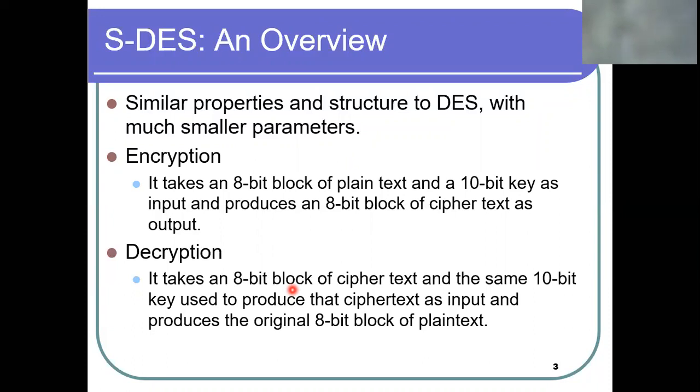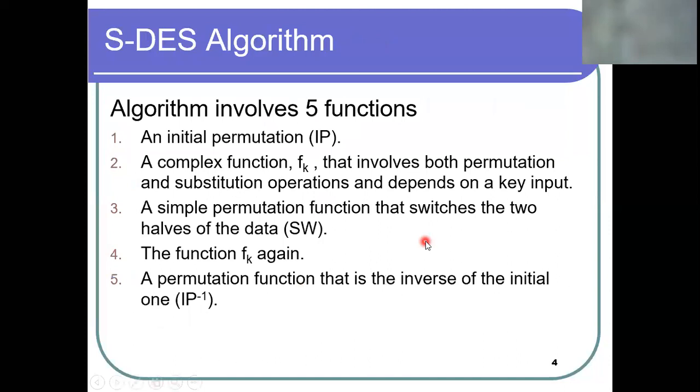Let me go to the fourth slide of my presentation, which is the SDES substitution box. Fundamentally, SDES, simplified data encryption standard, consists of five functions. First is the initial permutation.